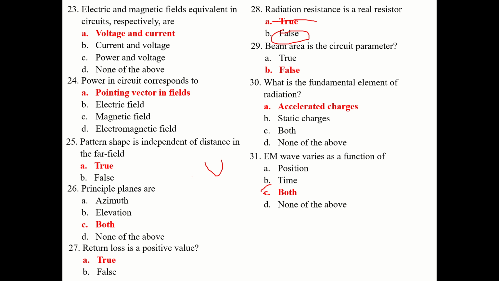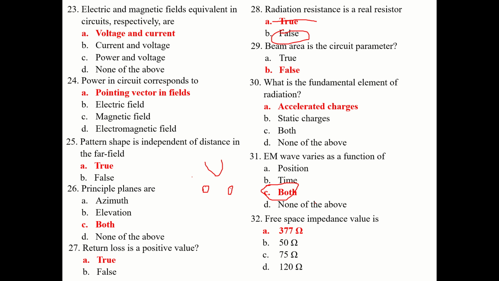For example, when you measure the field at one point, at one instant of time it will be one value and at another instant a different value. That's why in that equation it is a function of t. And if I measure the field at two different points at the same time, the values will obviously not be the same. So it varies as a function of both time and position.